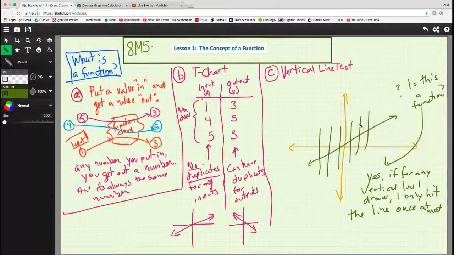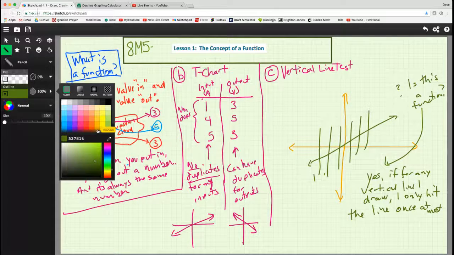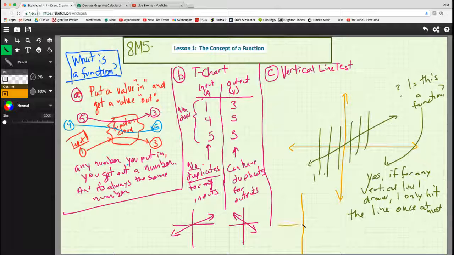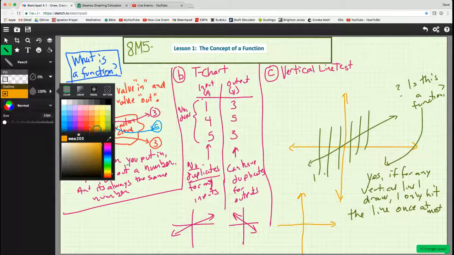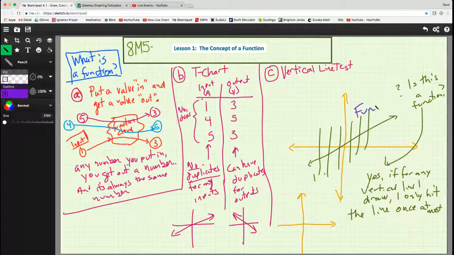Okay? So an example, so this here is a function because every time I draw a vertical line, I only hit my function line once. An example of a line that would not be, this would be a function.